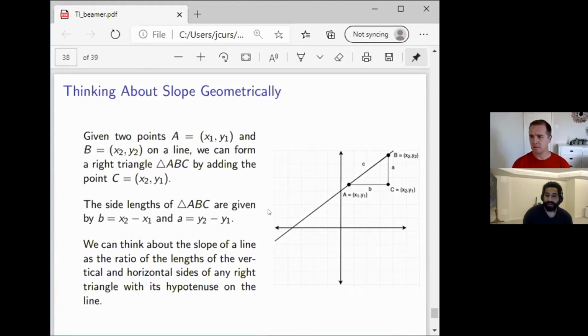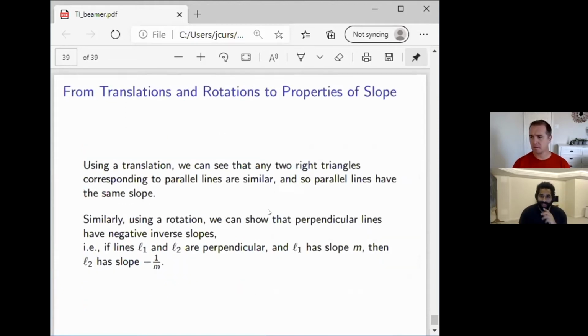For instance, I'm going to argue that by using a translation, we can see that these right triangles corresponding to any two parallel lines are similar. And so parallel lines are going to have the same slope.